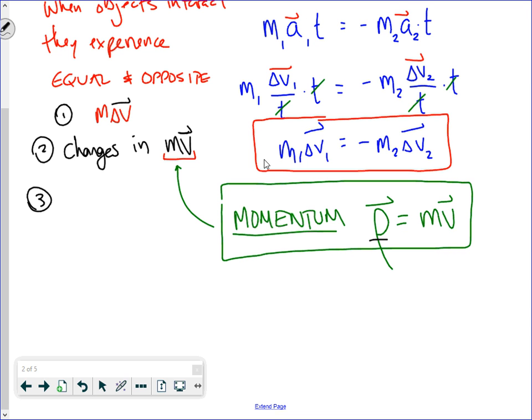When objects interact, they experience equal and opposite changes in momentum. And then we name this. Change in momentum, delta momentum, is what we call impulse.